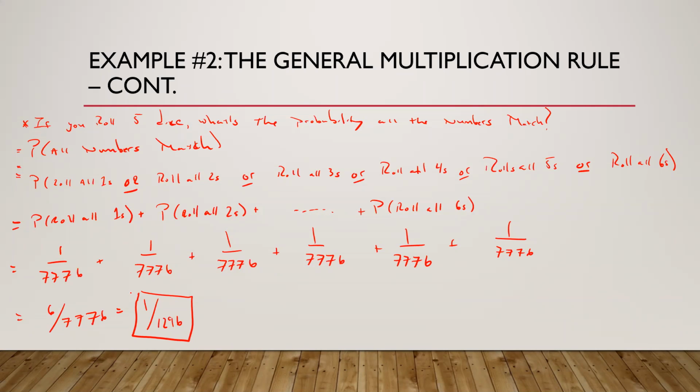Professor, I'm sorry. I have another question. Can you just explain really quickly one more time why you don't use the subtraction at the end since it's or? Good question. You only have to do subtraction if the events can happen at the same time. So like, look here, there's no way if you roll 5 dice, they all can show up as a 1 and at the same time all show up as a 2.